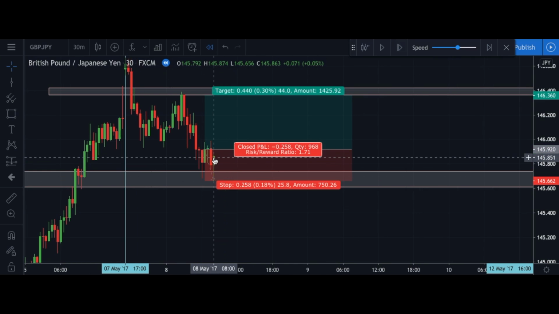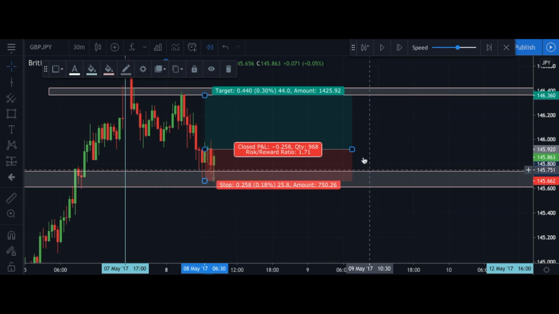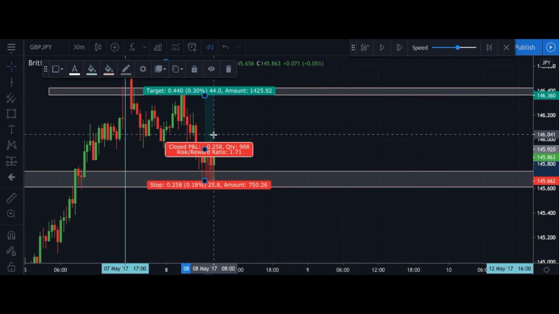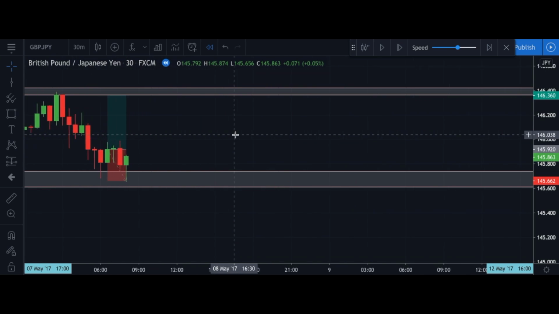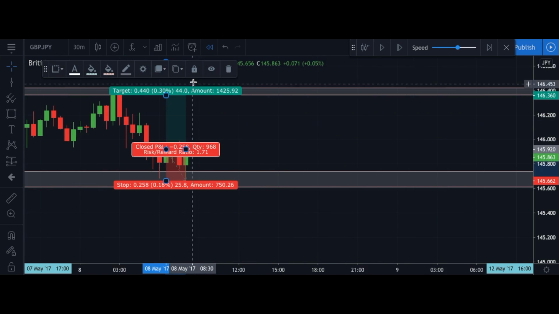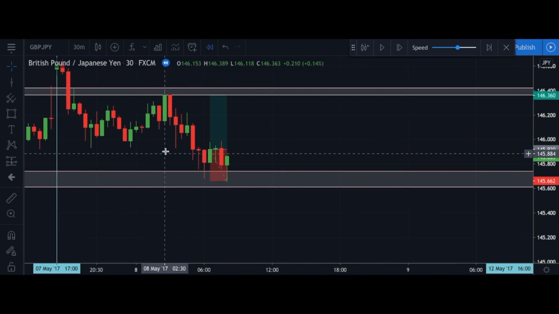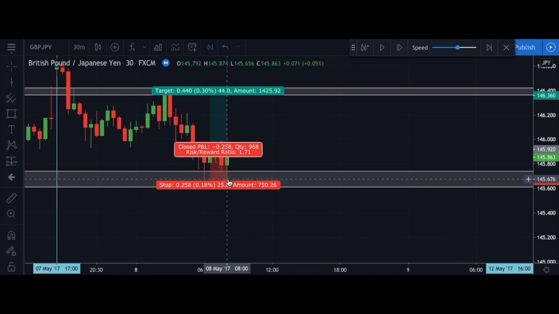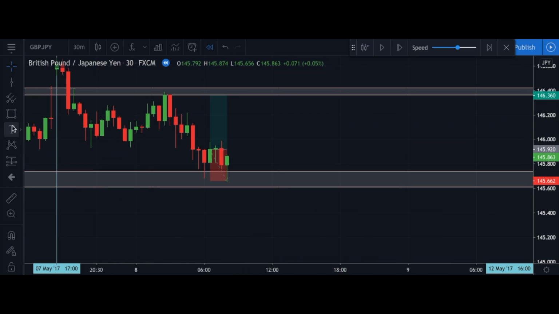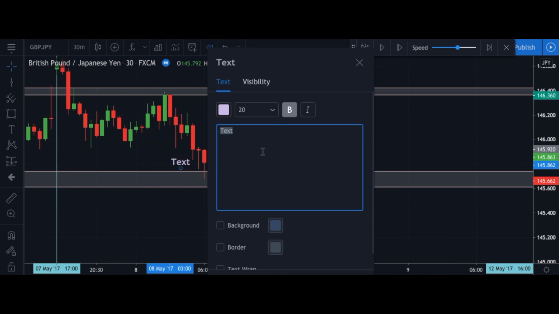Boom. Okay, so my stop loss was hit at, I guess, 8:30, just because 8 a.m. is when this candlestick closed. So yeah, 8 a.m. actually it would have been. So what I would do is I would just kind of bring it here, and I would write in my journal result: stop loss hit, and I would put how much it was hit by.